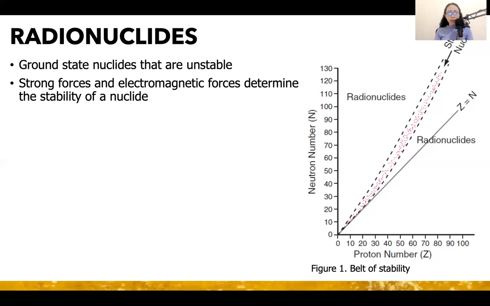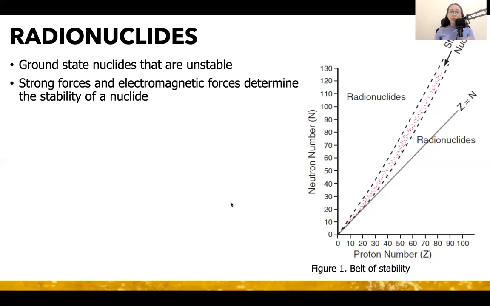It's just a nuclide. But if one is a bit stronger than the other, it's not balanced, then this nuclide is most likely a radionuclide. It will undergo a radioactive process or a nuclear reaction so that it can be more stable.